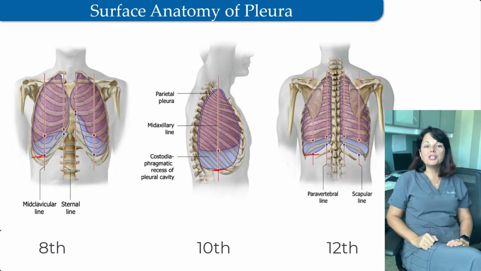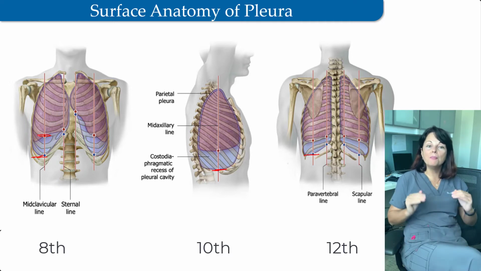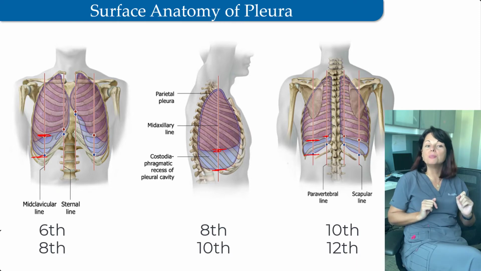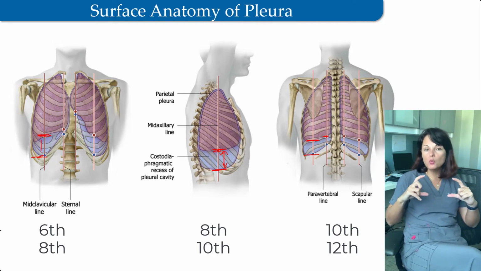The inferior margins of the visceral pleura overlying the lungs reach the mid-clavicular line at the level of the 6th rib, the mid-axillary line at the level of the 8th rib, the scapular line at the level of the 10th rib, and the paravertebral line at the level of the 10th vertebra. Thus, the parietal pleura generally extends approximately 2 ribs inferior to the visceral pleura.